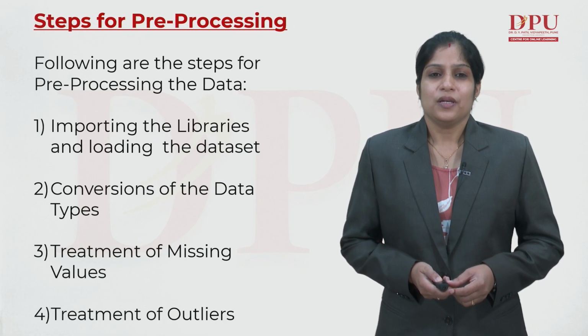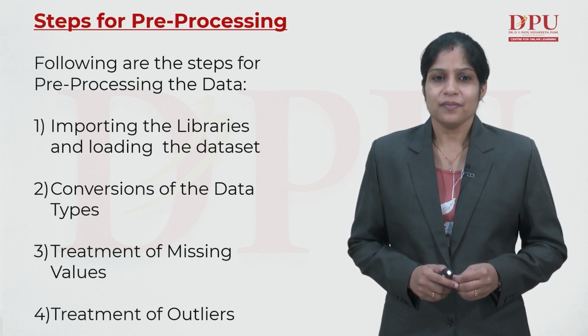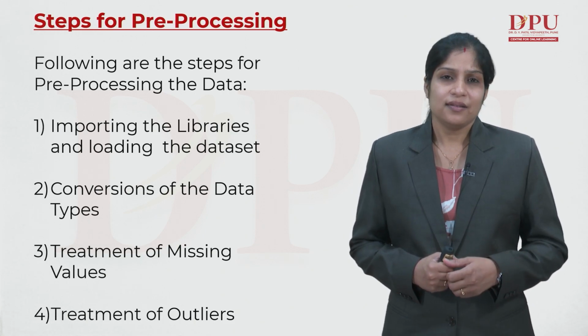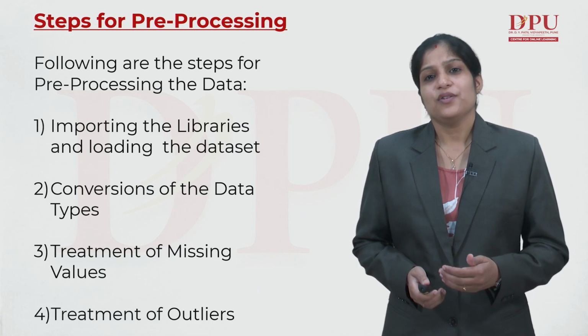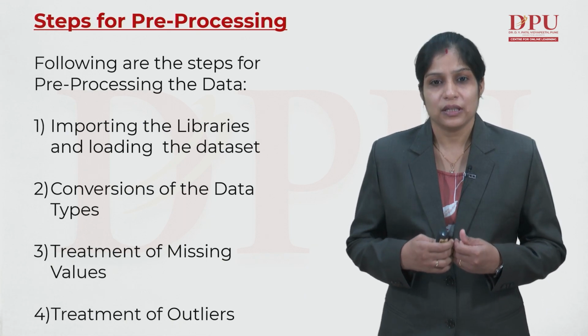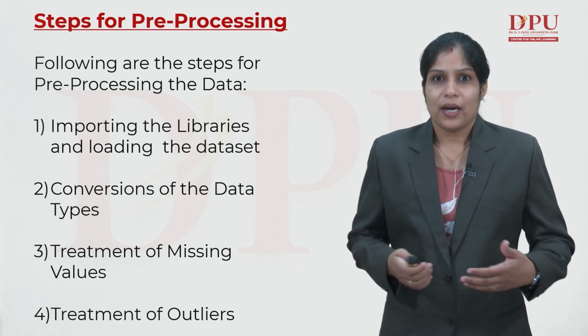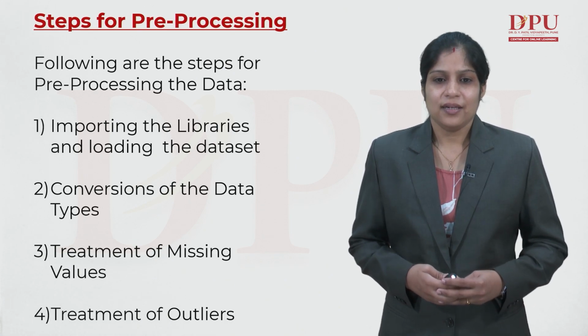Now, the next is steps for preprocessing. Following are the steps for preprocessing the data. The very first step is to import the libraries, and after that we have to load the data set. If required, conversions of the data type will be done in the data set.